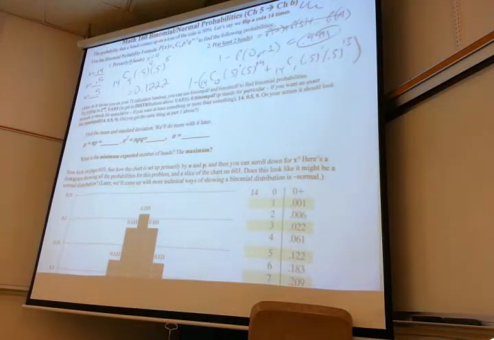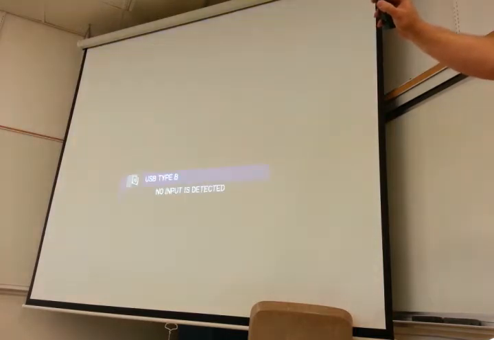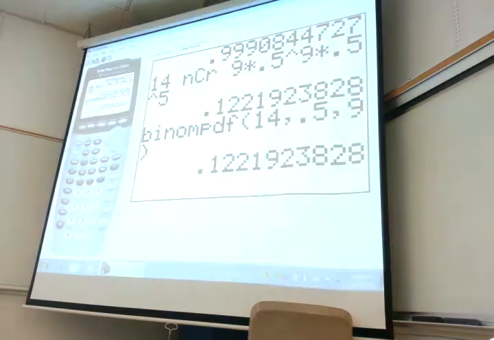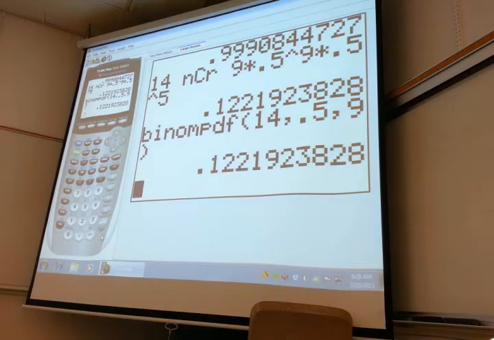Yes, ma'am. How would you use that for the cumulative one? If you want to do, for example, the probability of at least 2 heads, it was 1 minus the probability of 0 or 1, right?